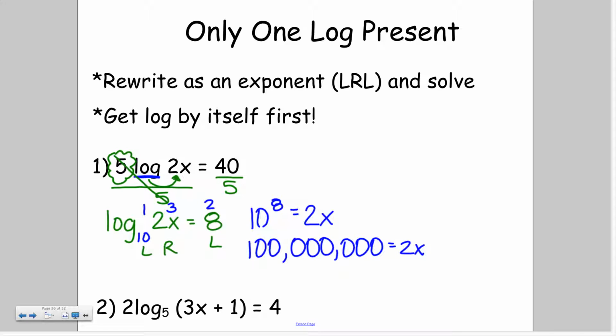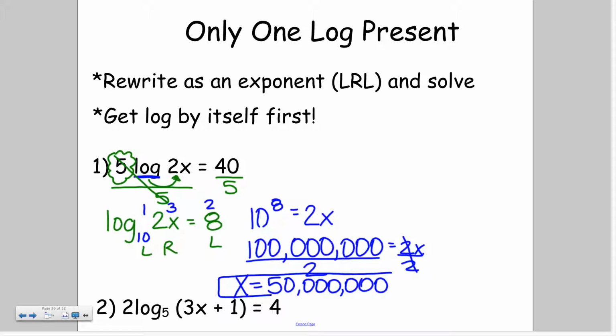Now, to solve out for x, I need to divide by 2. That's going to cancel. And then I'm going to be left with x is equal to, and of course 100 million divided by 2 is 50 million. And that's my answer.